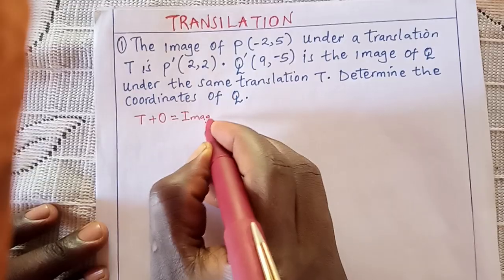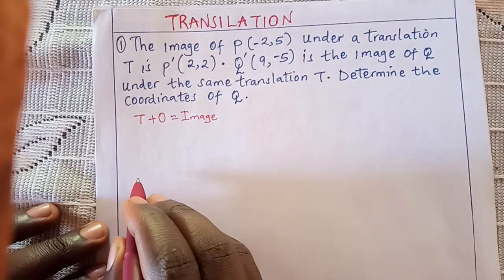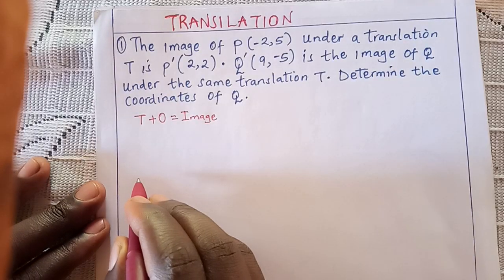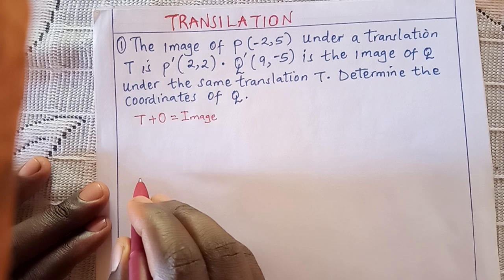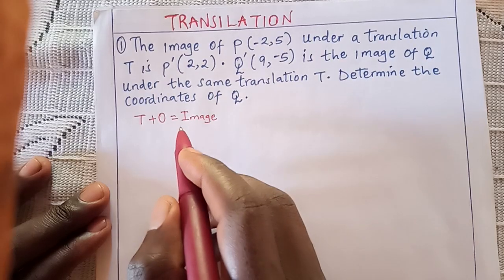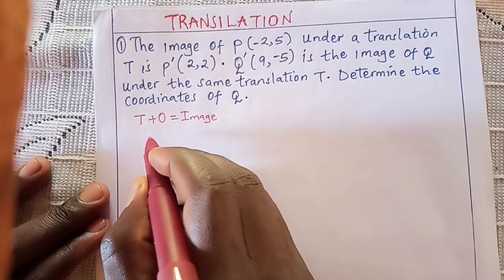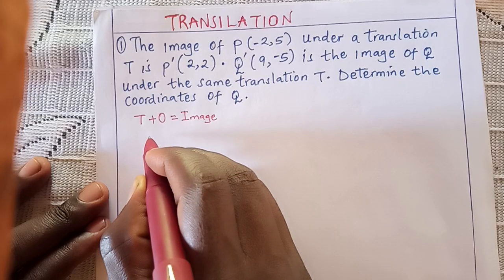Translation plus object will give us the image. Under this question, we have been told that the image of P under the translation T is (2, 2). Now we have got the image and we have got the object coordinates.